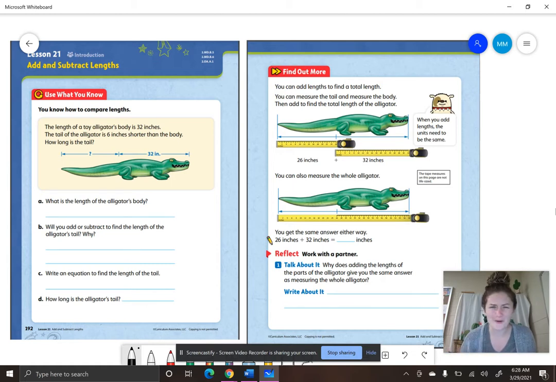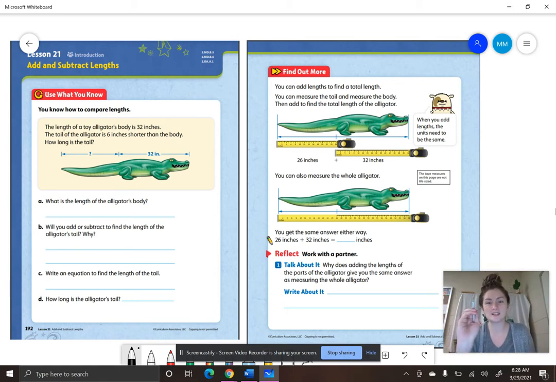It says, you know how to compare lengths. It says the length of a toy alligator's body is 32 inches. The tail of the alligator is 6 inches shorter than the body. How long is the tail? All right, so let's read that question again because why? It's a word problem.